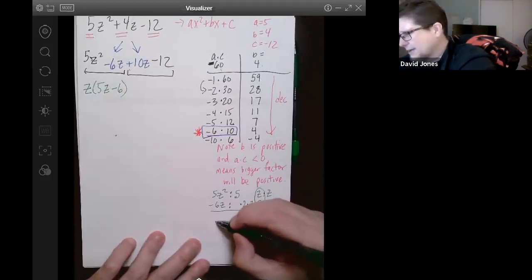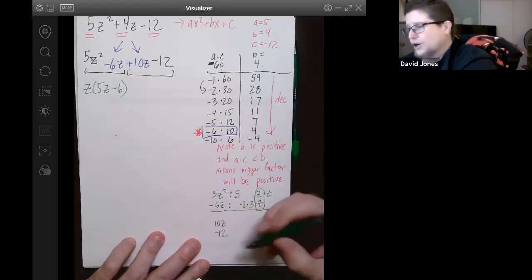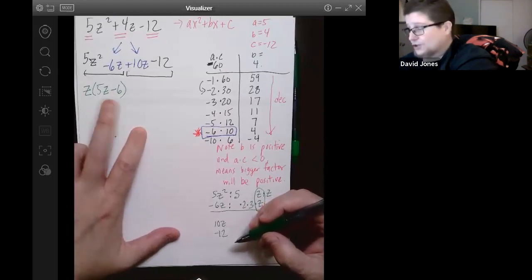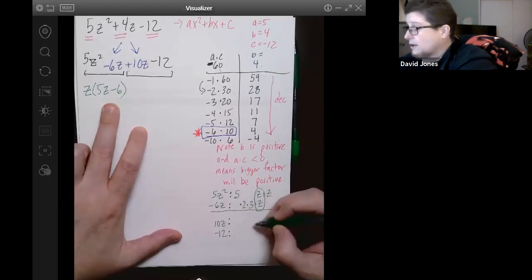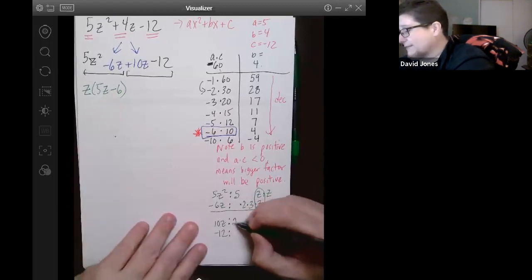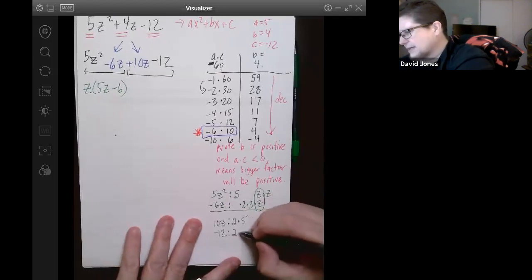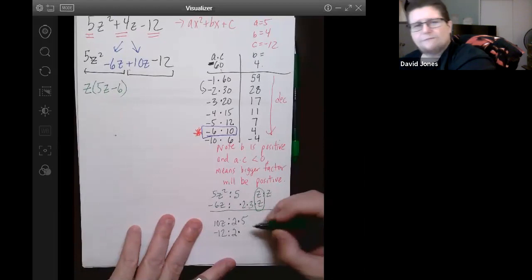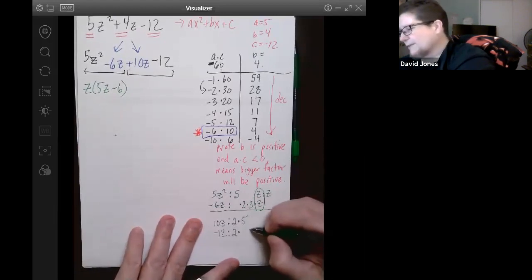I'll do the same thing with 10z and -12. Note, I should end up with 5z minus 6 again. I should get that. So 10 is 2 times 5. 12 is 2 times 6. And I know when I break down 6 to 2 times 3, it's not going to have anything in common with a 5.